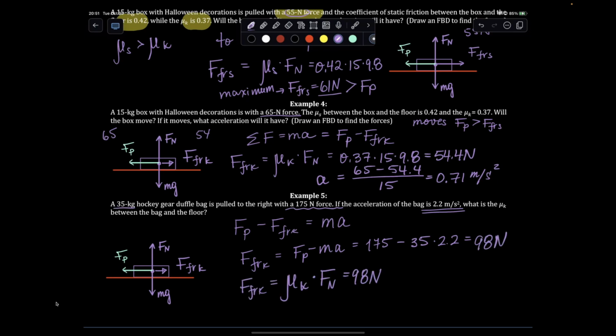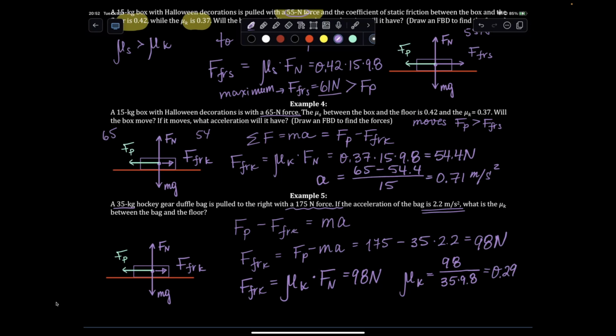Normal is just mass times g, right? So then mu kinetic will be 98 over 35 times 9.8. So look at this, it's basically like 10 divided by 35. 10 divided by 35 gets me 0.29. 0.29. And again, this doesn't have any units whatsoever.